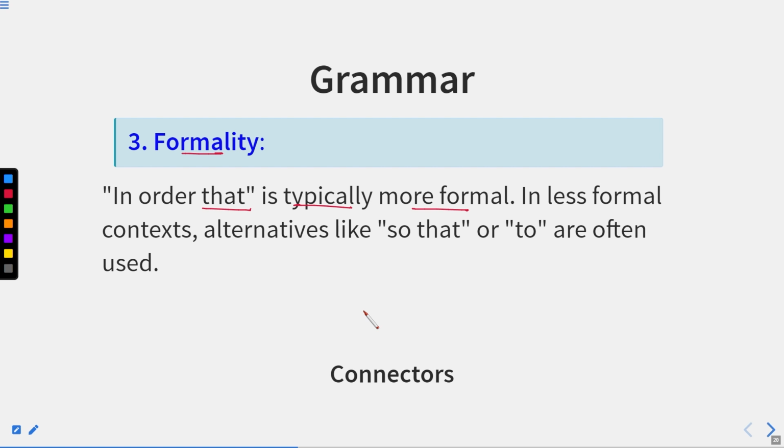But in a formal way, when we are writing documents, especially legal ones, this is used frequently. In less formal contexts, alternatives like so that or to are often used. So basically in our speaking we use so that and to, and we rarely use in order that.